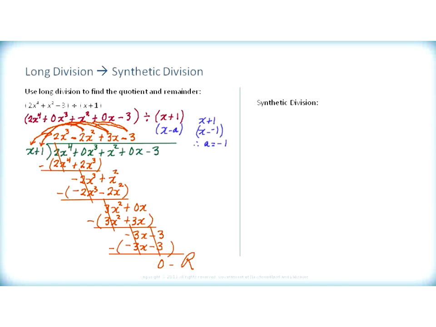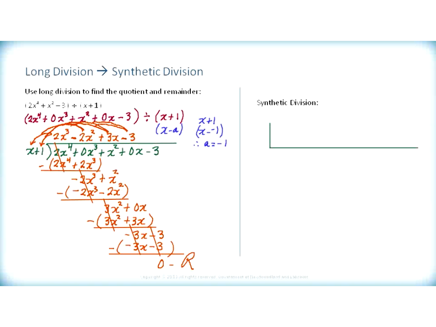You have learned throughout this course that when the remainder is equal to 0, x plus 1 is considered to be a factor of this polynomial expression. Using synthetic division, we set up the chart as follows.